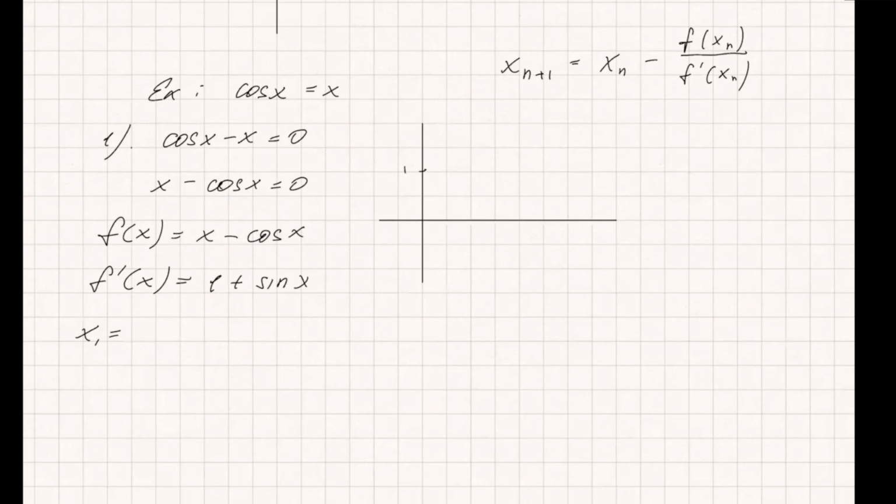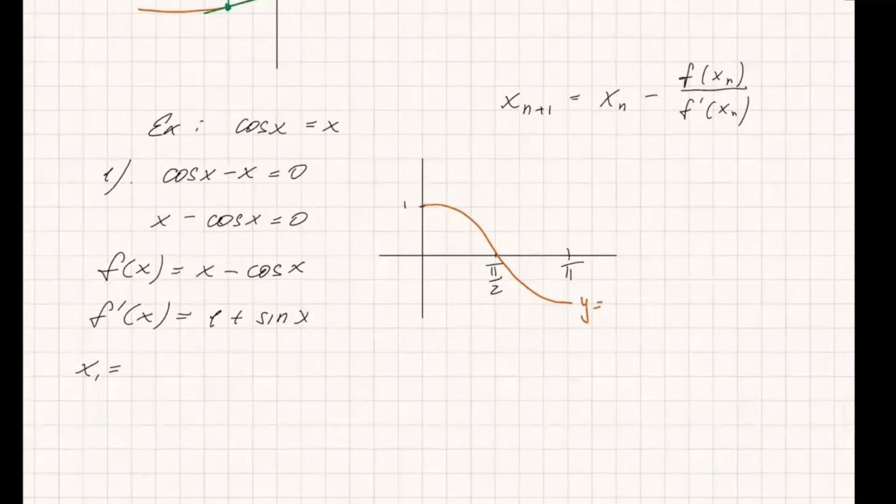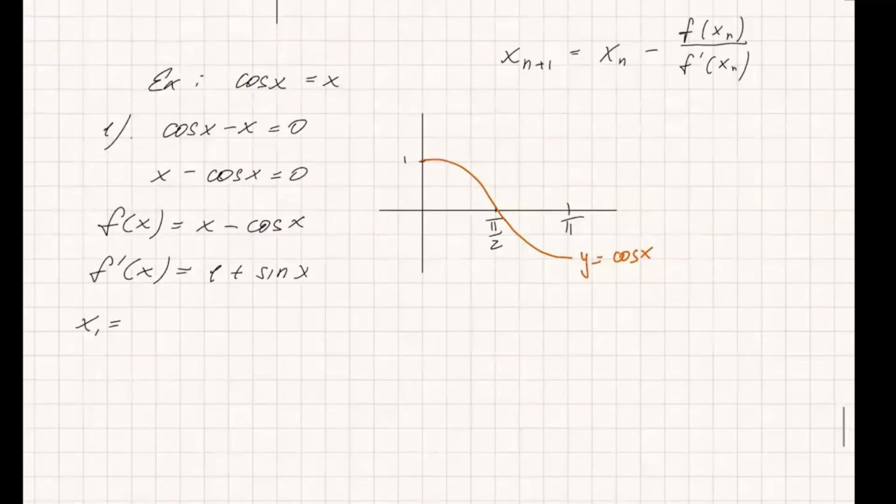So here we have 1, here pi over 2, pi, and the cosine function would look something like this. So it's y equals cosine x, and my function y equals x will look something like this.